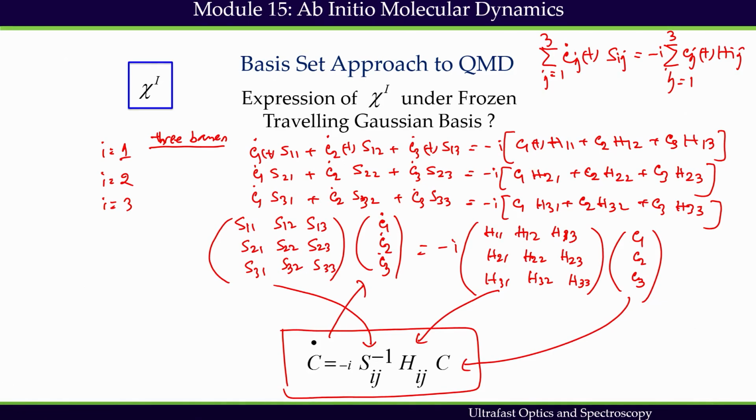So finally what we are getting is a value for dc/dt. And why do we need this value for dc/dt? Because if we want to propagate a particular state, the population is controlled by dc/dt. If we want to know, after time t plus delta t, what the coefficient c is, what trajectories exist and what trajectory population we should consider, it is going to be c at t naught plus dc/dt at t naught multiplied by delta t, if delta t is very small.